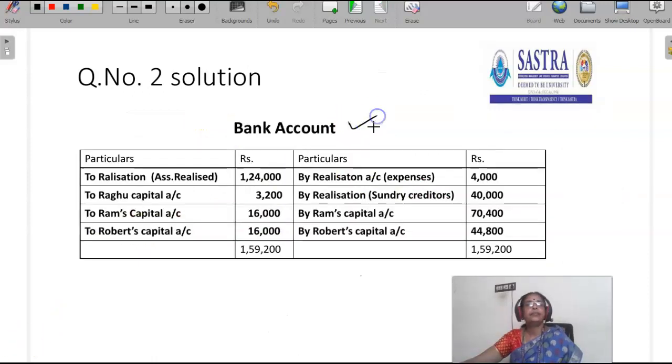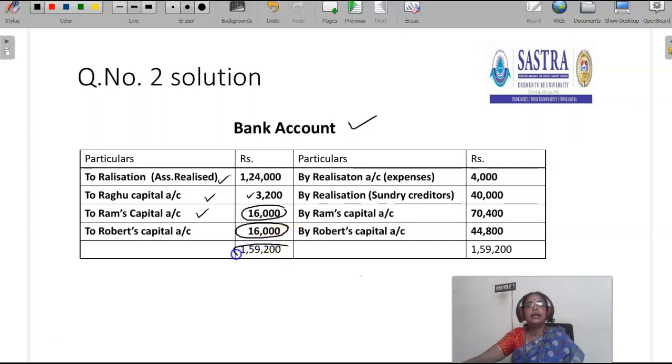Then the bank account. In the bank account, there is no opening balance. Assets realized is 1,24,000. Then Raghu brings capital to the extent of 3,200 in cash. Ram brings the realization loss of 16,000 rupees. Robert brings cash of 16,000 rupees for the realization loss.